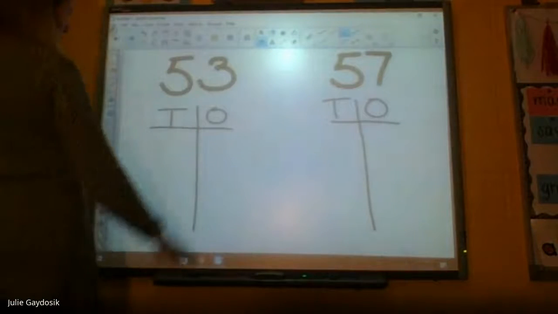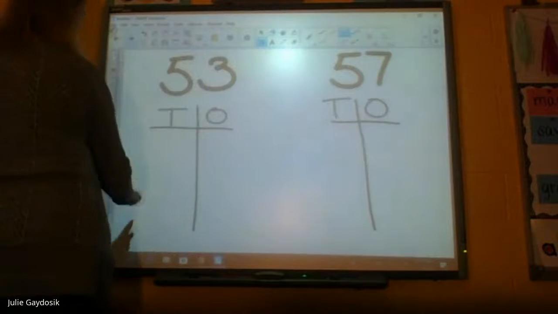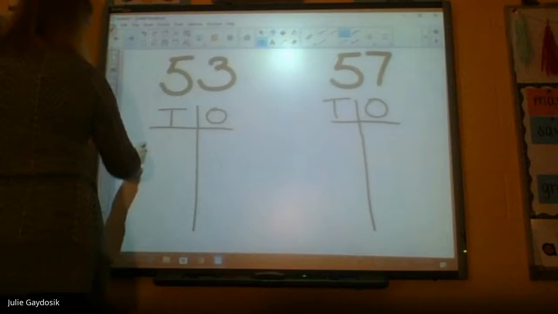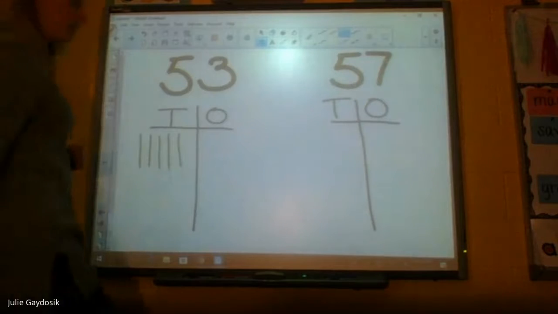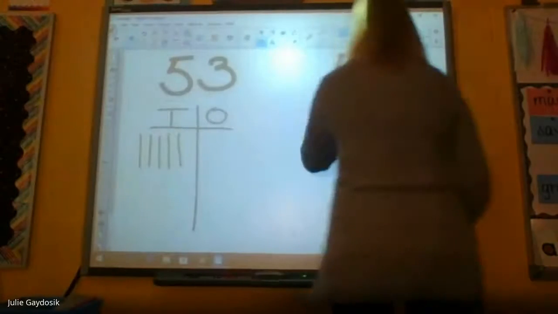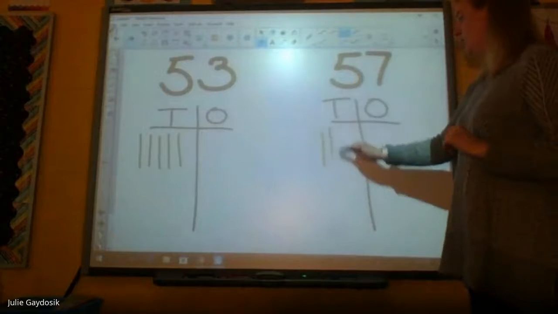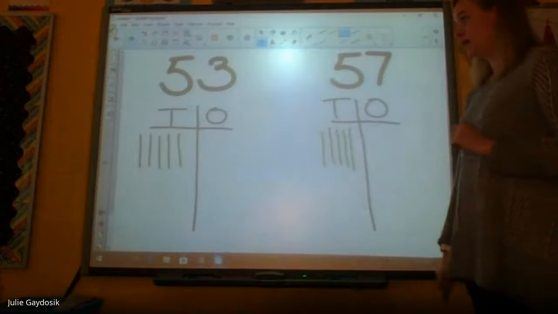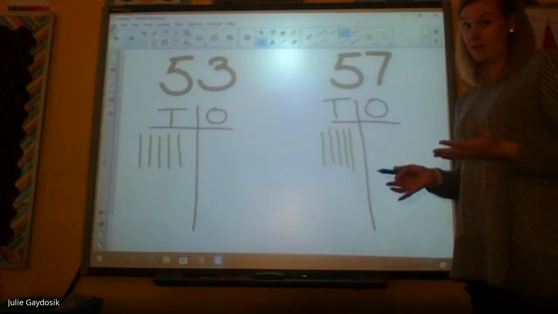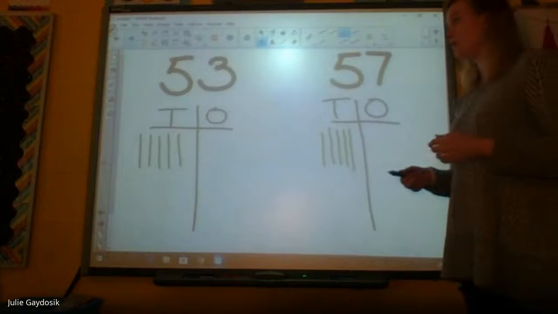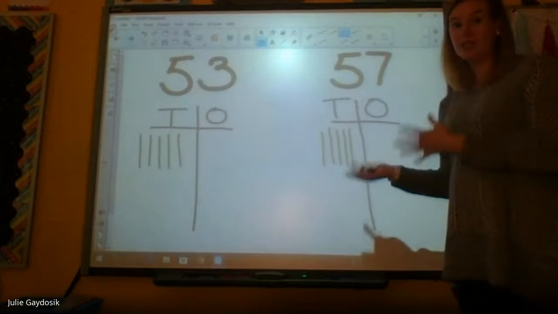All right, I'm going to draw the tens for both numbers. I have 5 tens here. 1, 2, 3, 4, 5. Right? I have 5 tens here. 1, 2, 3, 4, 5. Right now, looking at them without adding the ones, they look the same, right? They look like the same value. So we can't just stop at the tens.